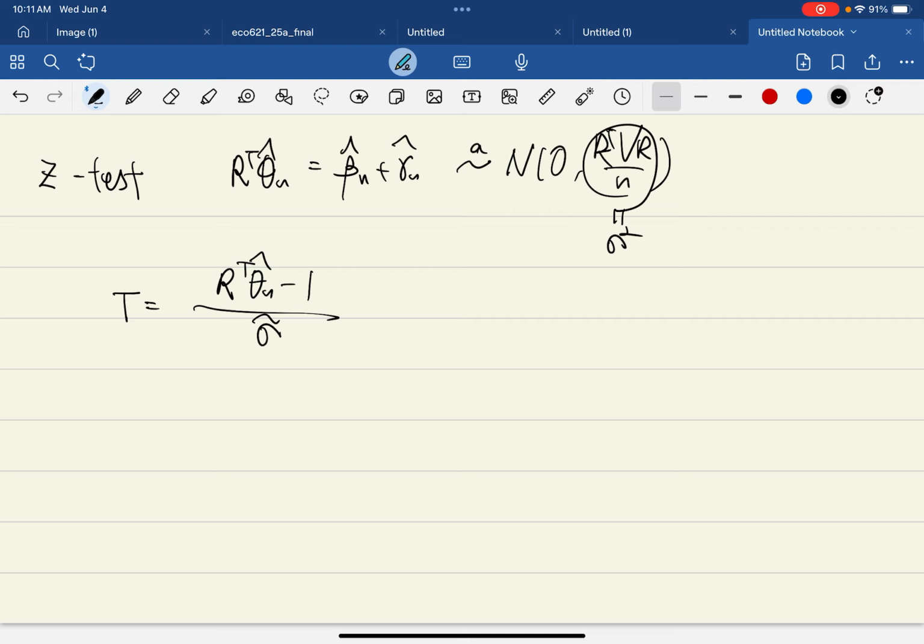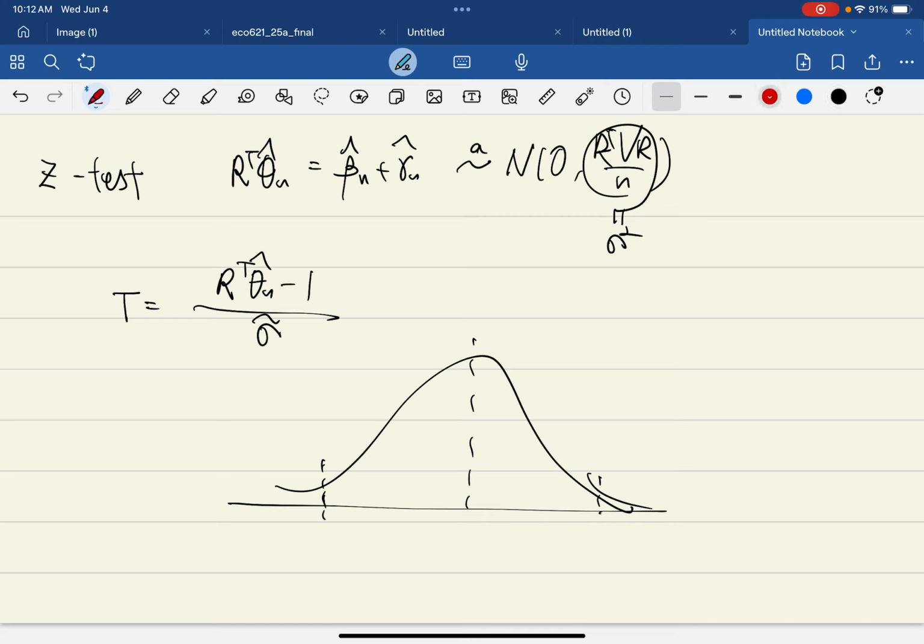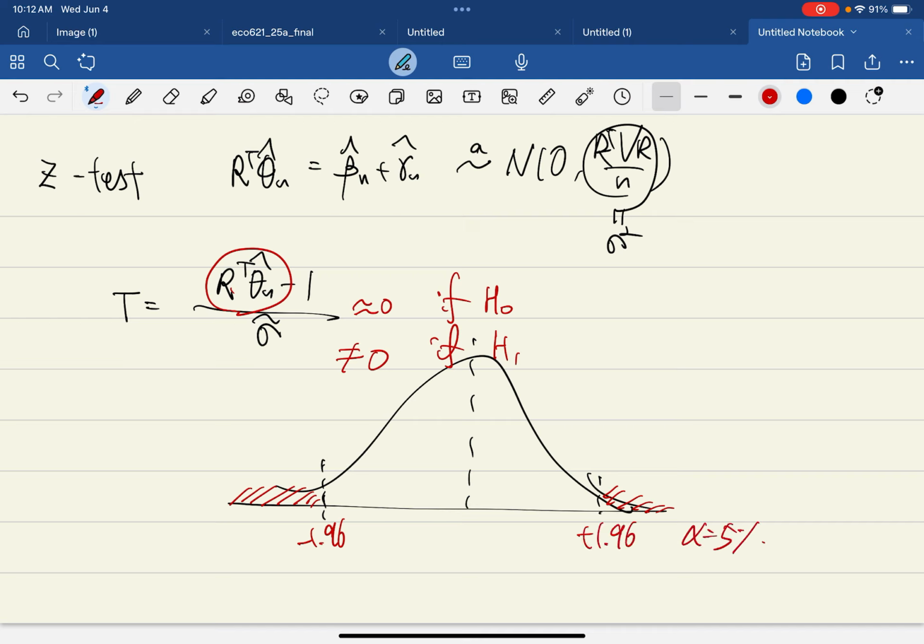And then because it is normally distributed, you will reject if this, say under the null hypothesis, if r theta 0 was 1, it will be close to 0 if H0 is correct, but it will be different from 0 if H0 is wrong. So you are going to reject if it's too small or too large, too much different from 0, right? And it will be usually like minus 1.96 or plus 1.96 when alpha is 5%. This is the z-test, okay?